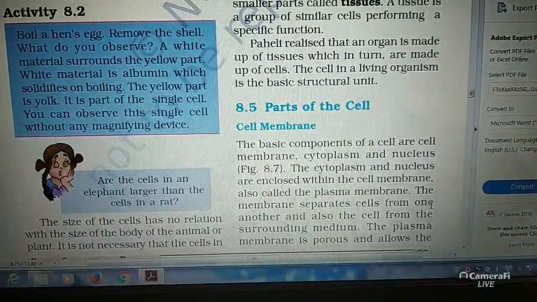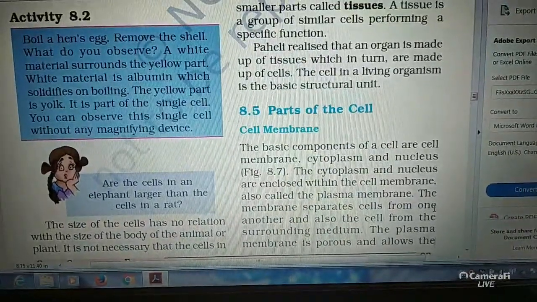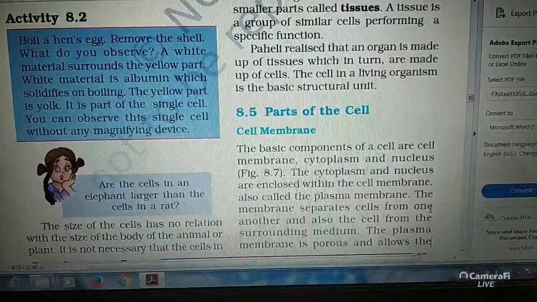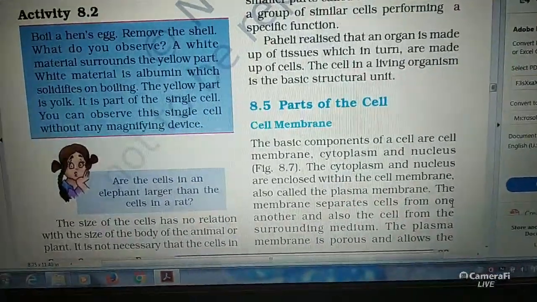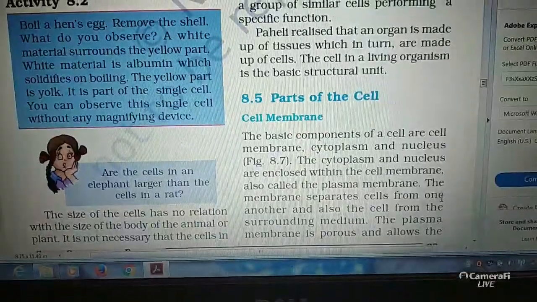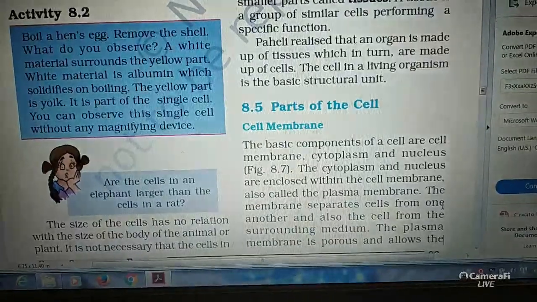In the kitchen wall you can see tiles are similar. If you say one tile is like one cell, then what do you mean by tissue? All the tiles together are forming tissue.